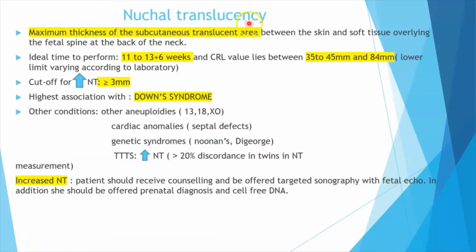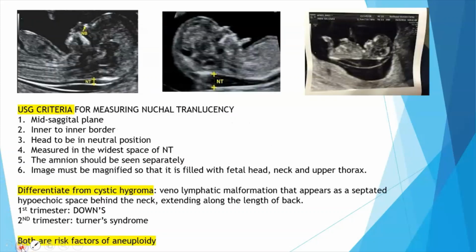The second part of first trimester screening is nuchal translucency. Now friends, what is nuchal translucency? It is the maximum thickness of the subcutaneous translucent area between the skin and the soft tissue overlying the fetal spine at the back of the neck.